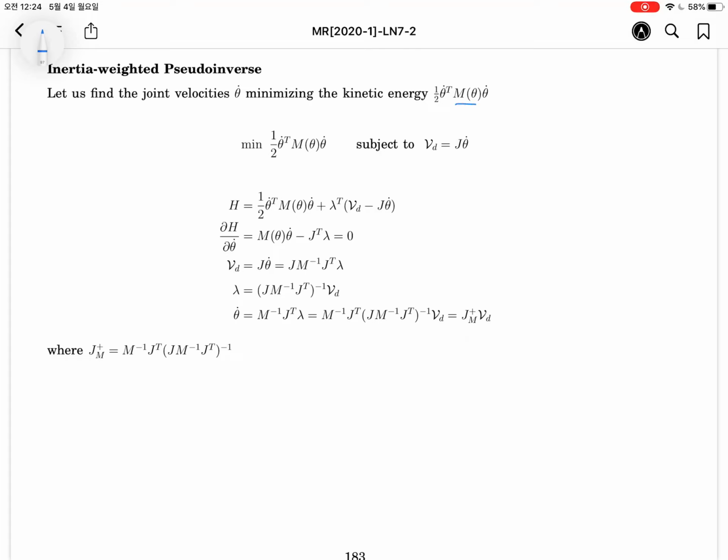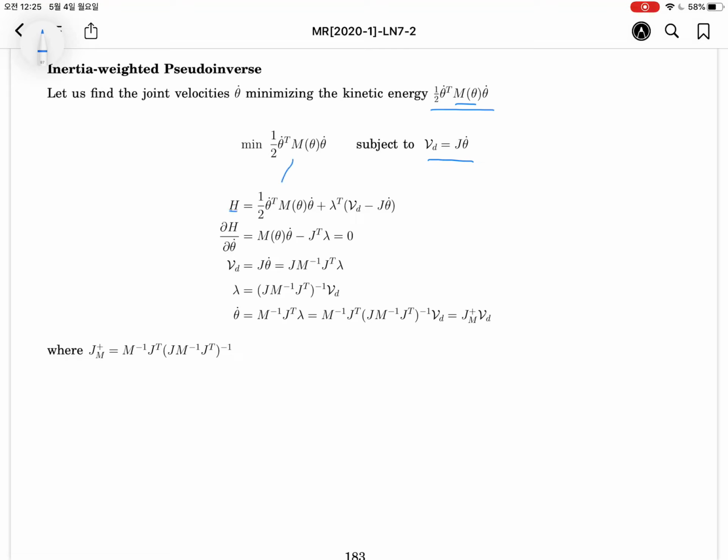Okay, the new issue, inertia weighted Steinbergs. Inertia appears between the theta dot terms, so it must be the kinetic energy. Let's minimize the kinetic energy subject to the same constraint.